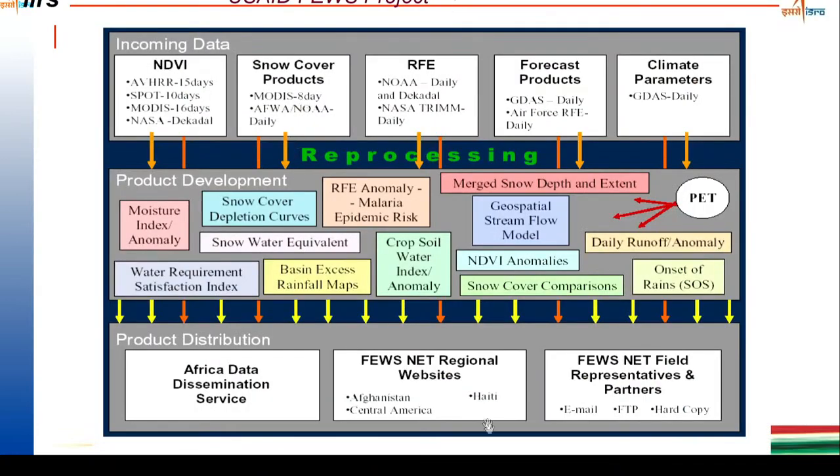So there are many early warning systems. One is the Famine Early Warning System, which integrates remote sensing data, rainfall estimation, snow cover, and weather forecast products, climate analysis, to get food security indicators like crop soil water index and so on.